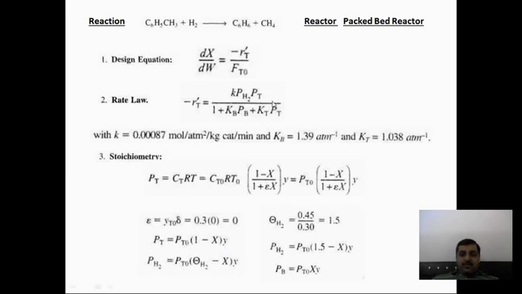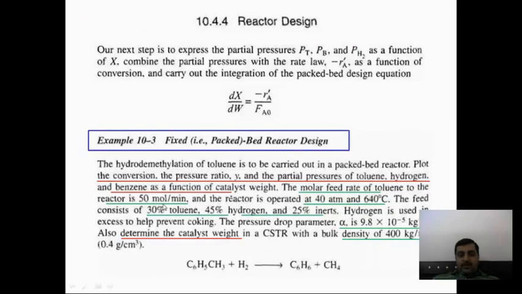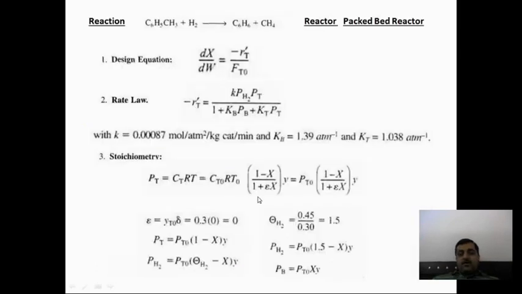Now this is as far as P_T is concerned. For hydrogen, if you have carefully seen, we have 30% toluene, 45% hydrogen. It's not an equimolar reaction anymore, not the same percentage. So hydrogen is theta minus X, where theta is the ratio of hydrogen to toluene available with us.